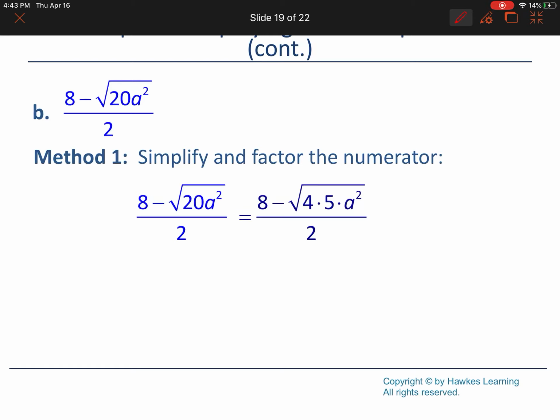Okay, hopefully you found that the radical simplifies. 20 is 4 times 5. And the a squared has an even exponent, right? So the 2 from the square root of 4 comes out. The a from the a squared comes out. The 5 stays under. Okay?